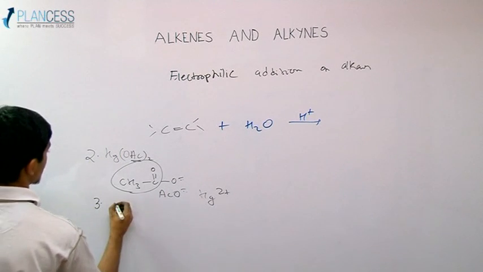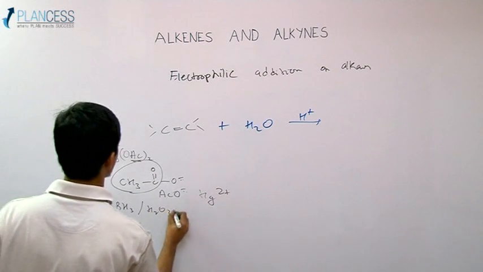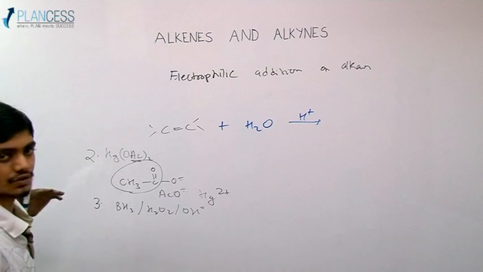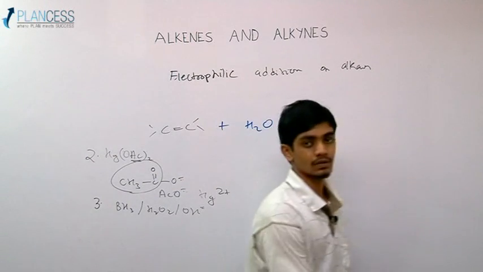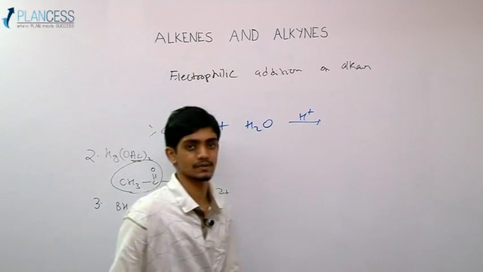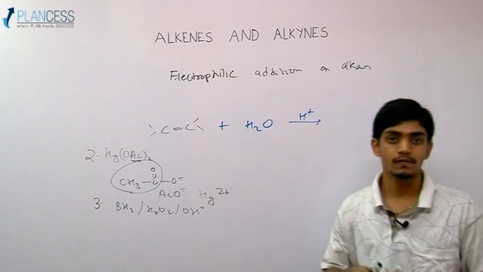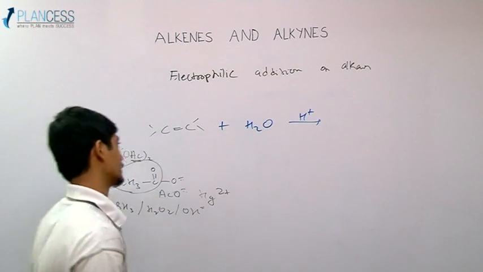Another reagent can be BH3, H2O2, OH minus. Now the second is called the oxymercuration demercuration reaction. This is called hydroboration oxidation, and the first is simply acid catalysis. The product of all three reactions is simply the production of alcohols from alkenes, but with different and varying stereochemistries.